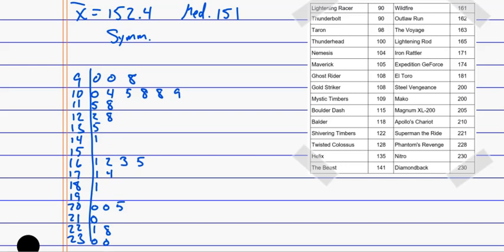I could calculate the standard deviation and see if it's close to the 68, the 95, and the 99.7, but there's really no purpose, because even if it matches the empirical rule, I'm going to throw this thing out as being normally distributed just based on the shape, just based on the fact that there's not a single peak in the center the way a normal distribution is supposed to be. And so I can stop there. I'm going to say no, the data does not appear to be normally distributed.